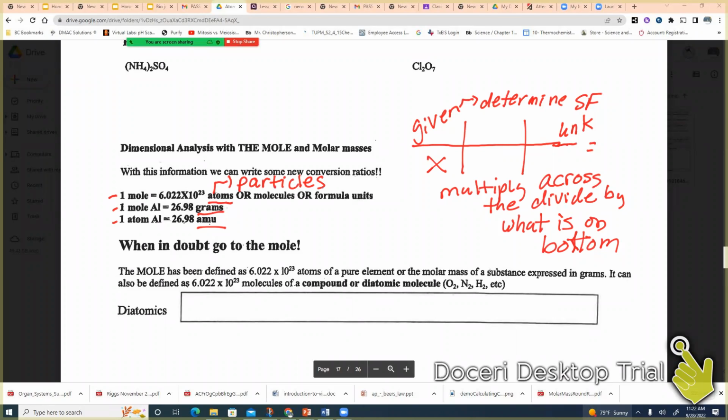Next one is molar mass. This one is for aluminum, 26.98 grams per mole is how we've been writing that. If we think about it as a conversion factor, it's 26.98 grams per 1 mole.